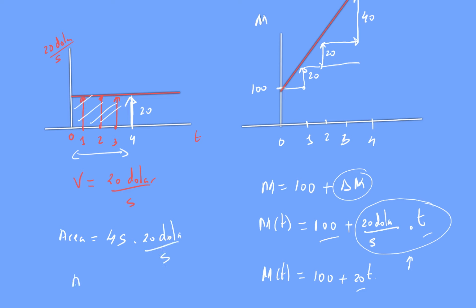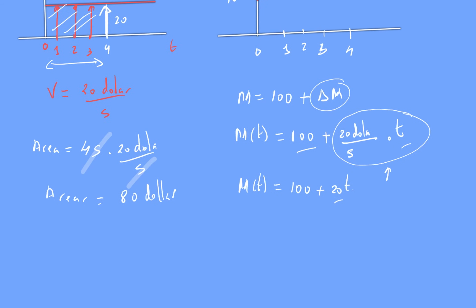So the area represents $80. 4 seconds multiplied by $20 per second is $80. So this area represents $80. What is this change? The change in your money is $80.